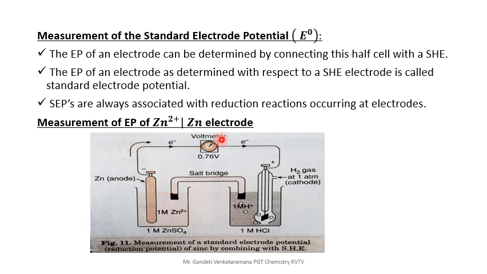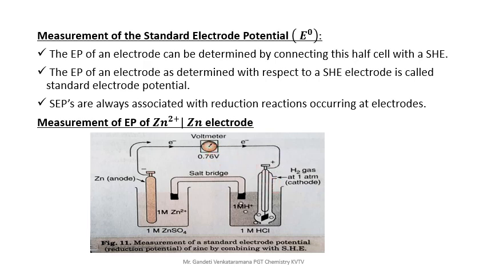So this is the voltmeter, and the salt bridge. The voltmeter measures the potential value. After measuring, this is the value 0.76 we are getting. Whatever value we are getting, 0.76, this is the difference between this one and this one. Otherwise, this is the potential of the entire cell.